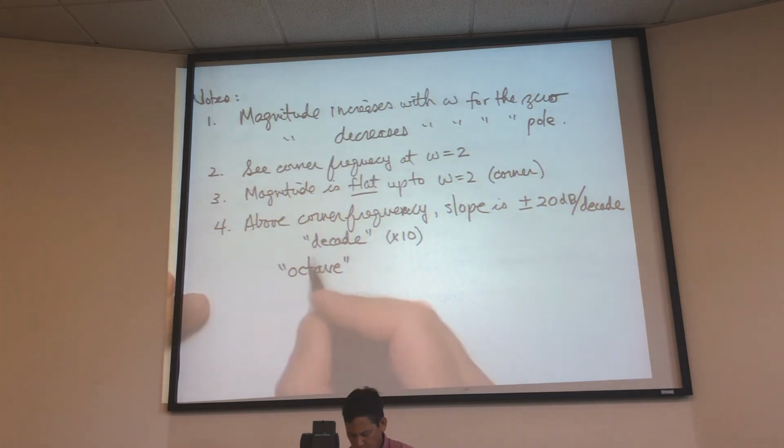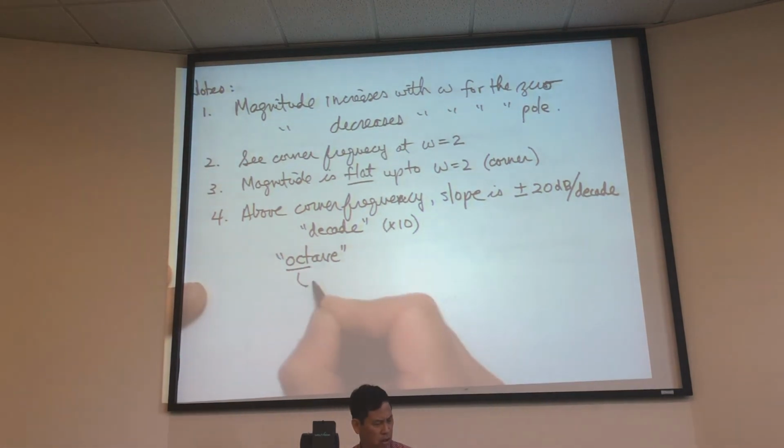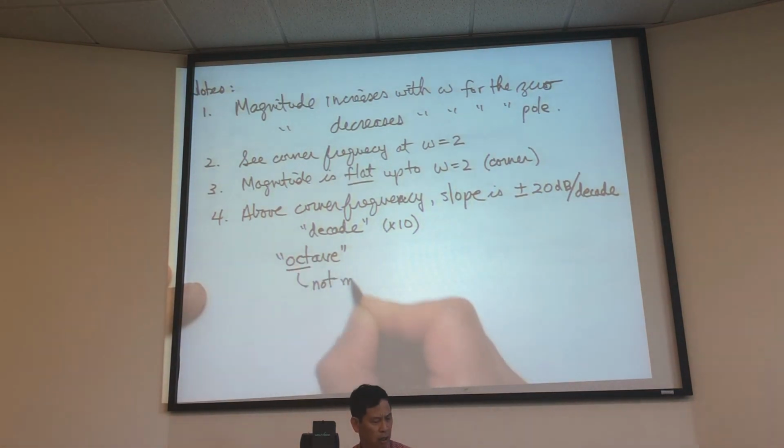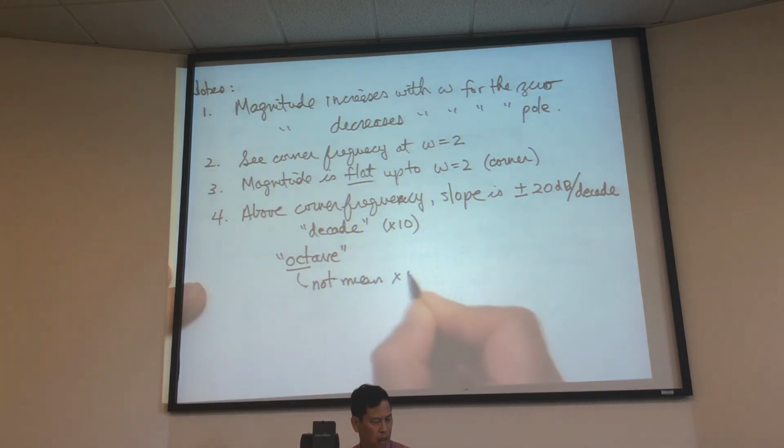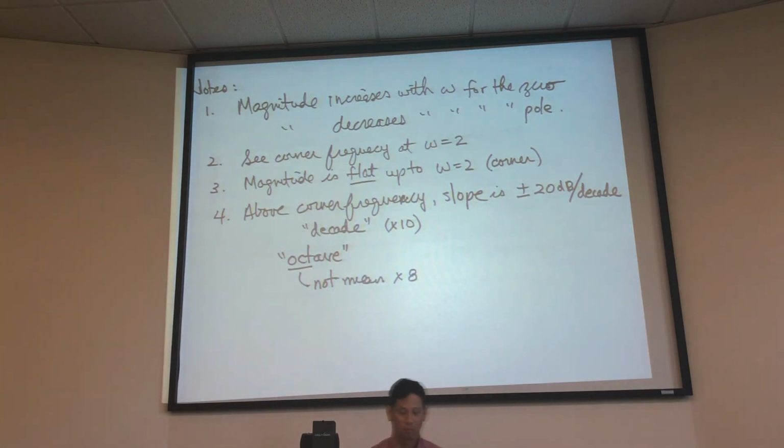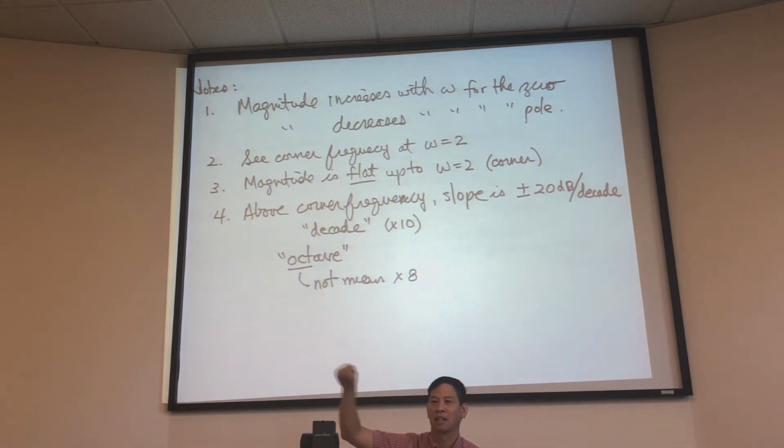So octave here does not mean times 8. It sort of means 8. How many white piano keys are there between that C and the next C up? I know a piano's got these black and white keys. So there's 8 white piano keys, right?